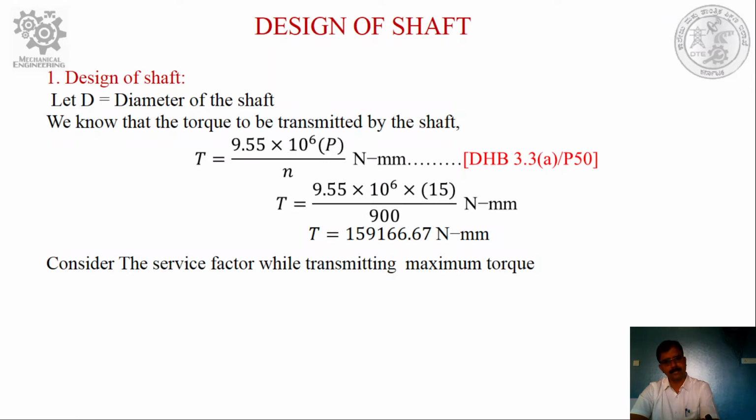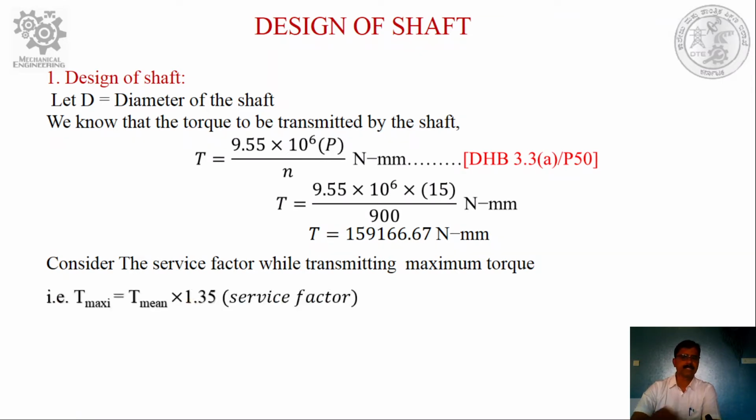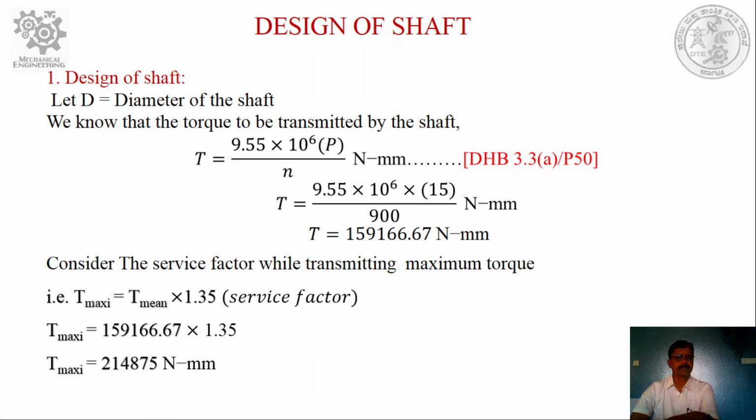Consider the service factor while transmitting the maximum torque. T maximum is equal to T mean into 1.35, that is the service factor. After substituting the T mean here, we have got the T maximum, that is 214.875 Newton millimeter.